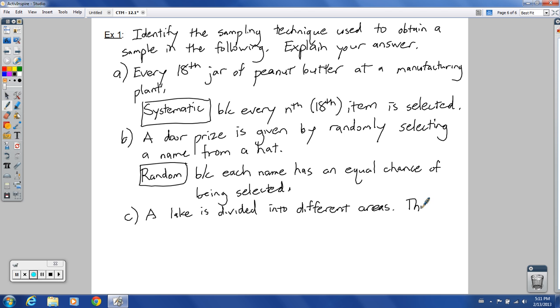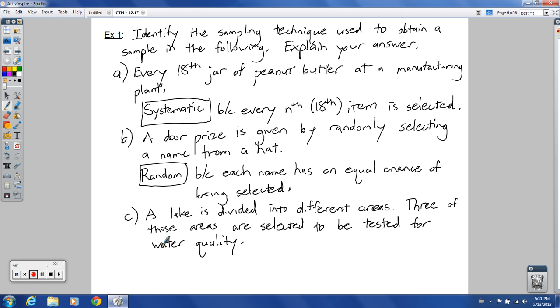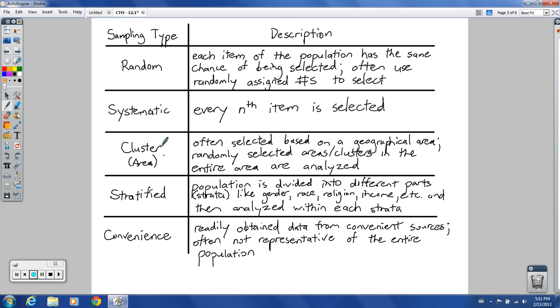But let's say 3 of those areas are selected to be tested for water quality. So what kind of sampling is that? If we go back to here, this is more of a cluster type.